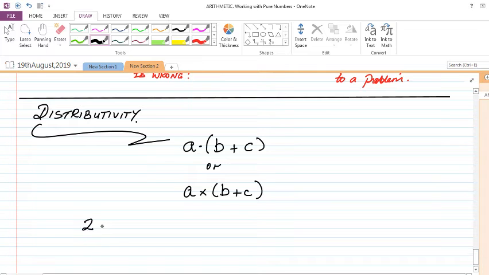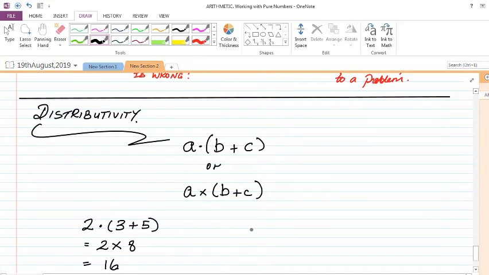Let's say I have 2 to be multiplied into 3 plus 5. Well, if I look at the brackets first, this is equal to 2 multiplied by 8, and that's equal to 2 by 8, which is 16.